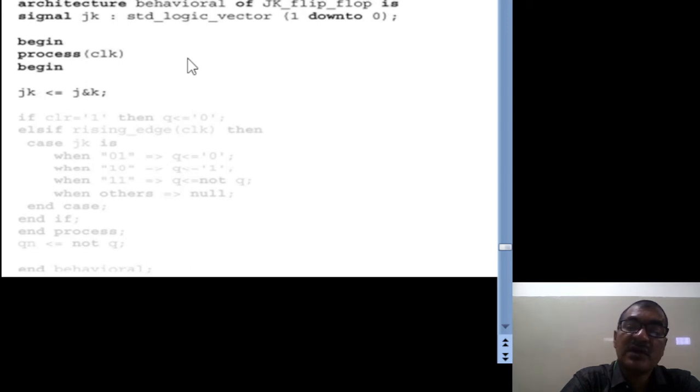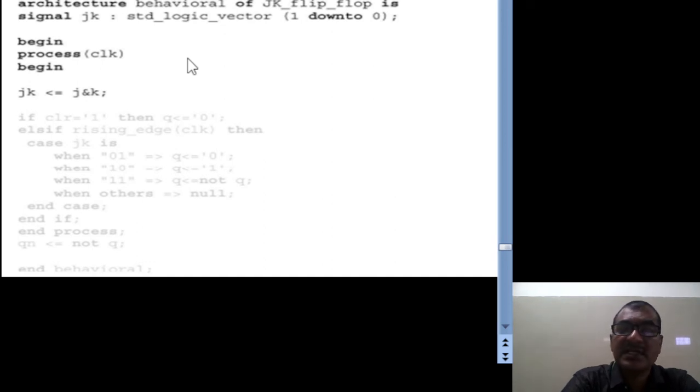Then begin. So the value of JK is J ampersand K. J ampersand K means concatenation operator. Ampersand is actually the concatenation operation. So whatever the value of J and whatever the value of K, they should be placed side by side.